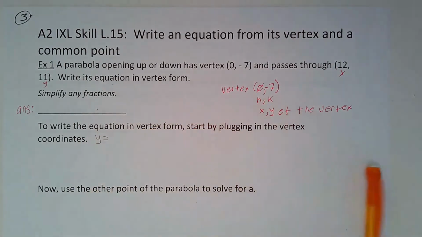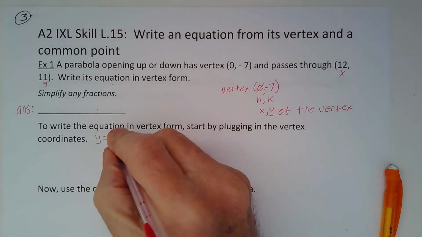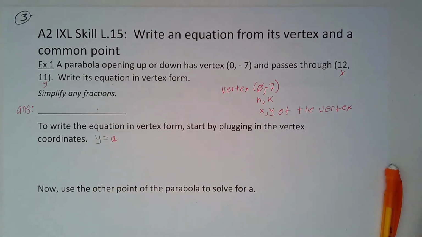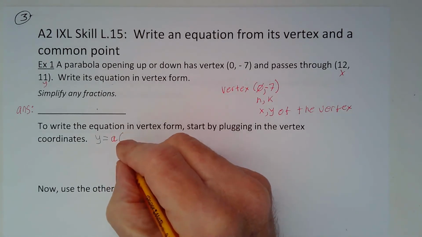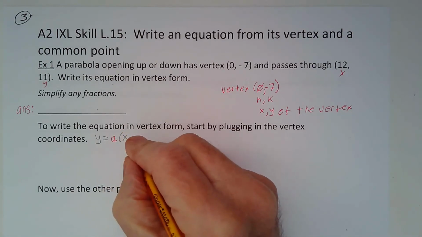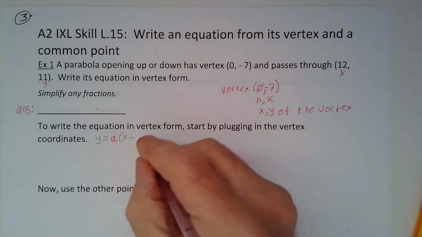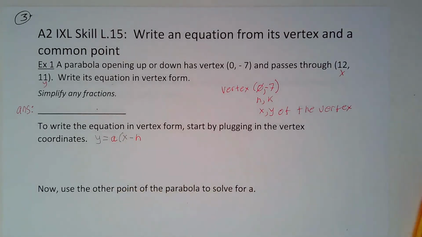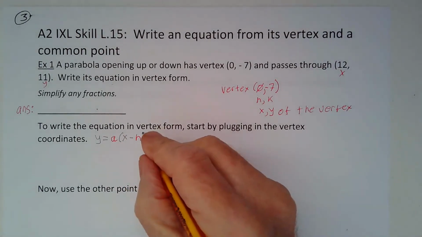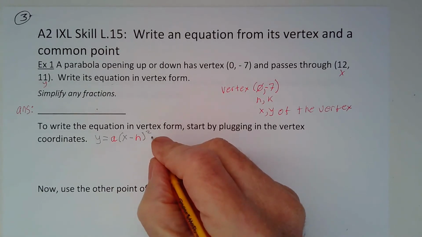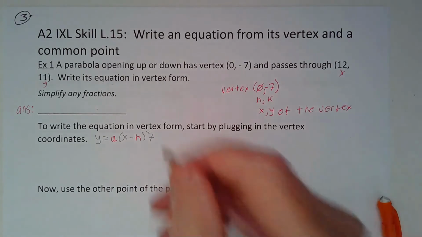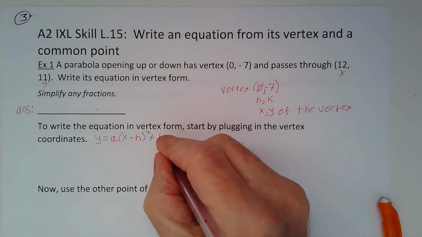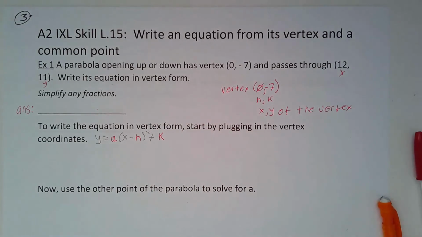So that's y equals a, and I'm going to put a in red since a and h and k are the things that I want. So a and h and k I'm going to leave in red. Then x minus h, and that's going to be squared, and then plus my k. All right.